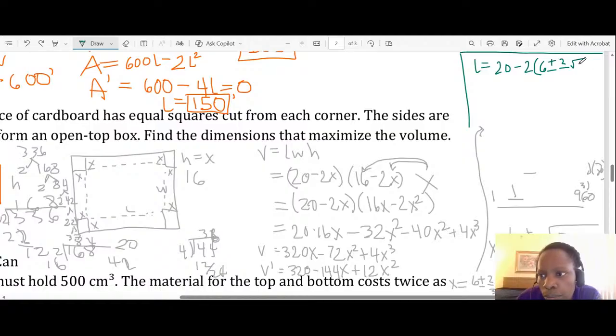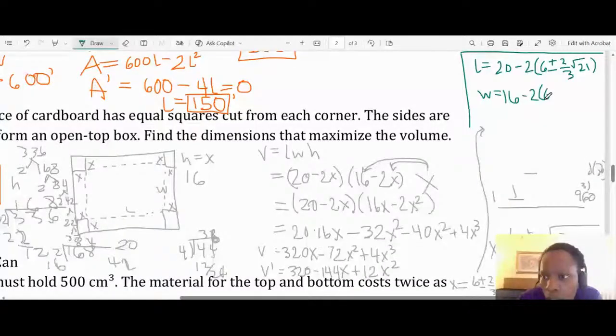So I'll leave it like that, and I'll say W is equal to also 6 plus or minus. So how do we know which one, plus 2 square root of 21 divided by 3, or is it 6 minus 2/3? That's the question.